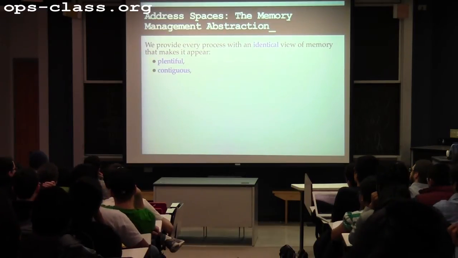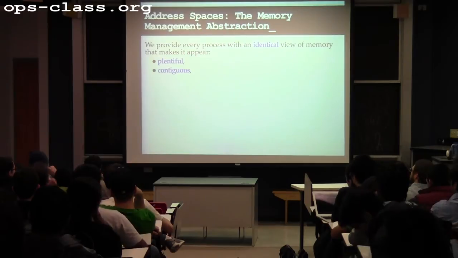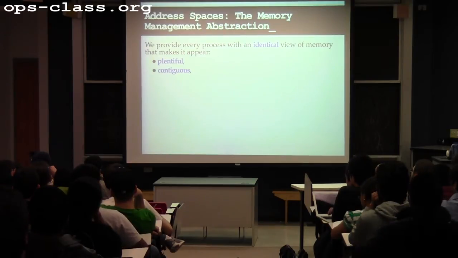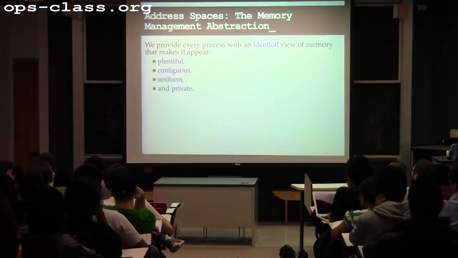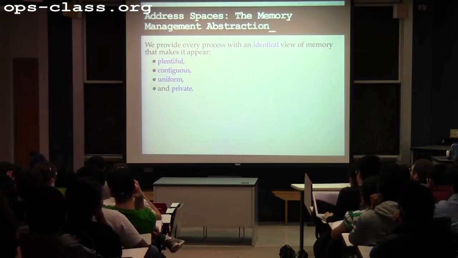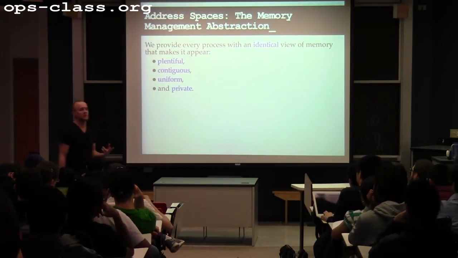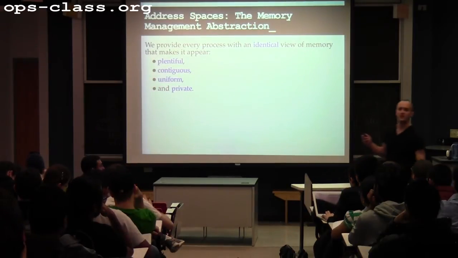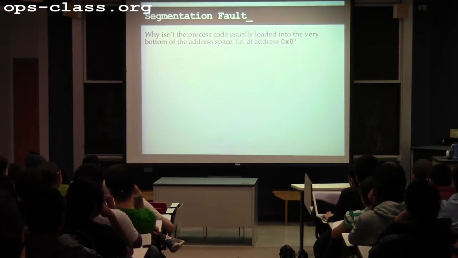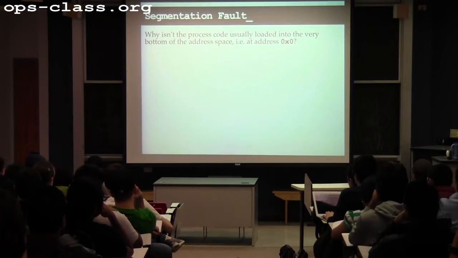That memory is completely contiguous. There are no gaps in it. A completely large contiguous address space. That memory is uniform, and it's private to the process. Without doing something explicit to share memory between processes, the process has a completely private view of this address space, right?